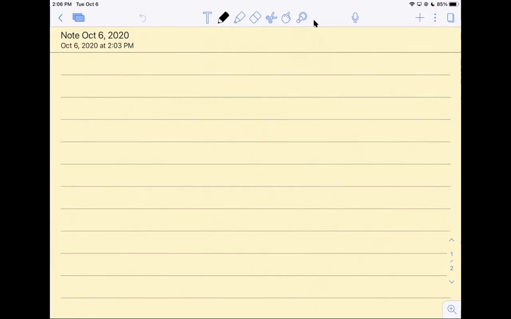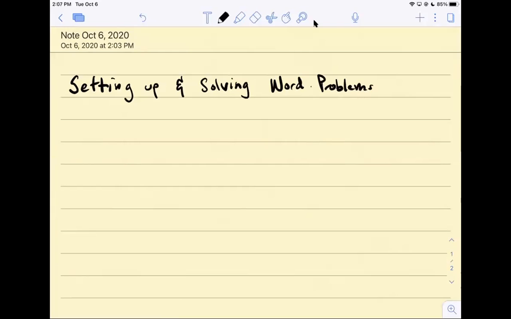So I think this class and the next class, we're going to work on setting up and solving word problems that involve a system of equations.